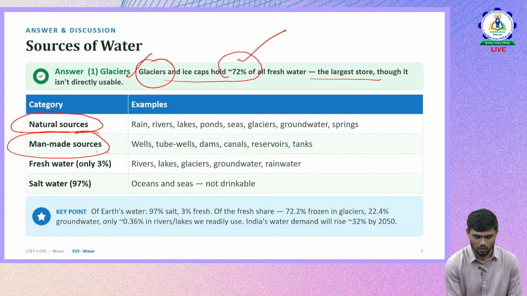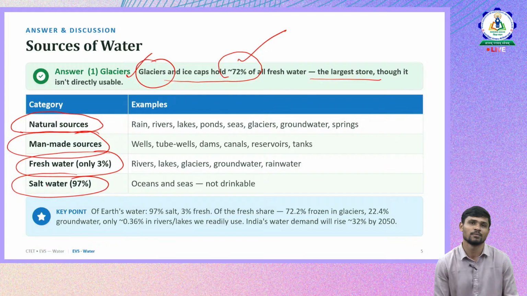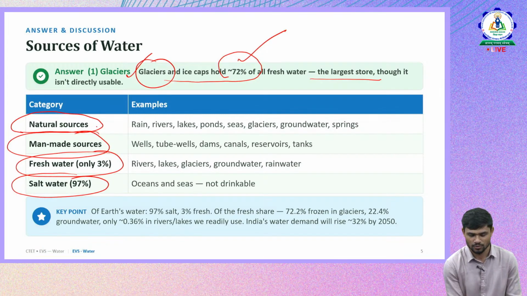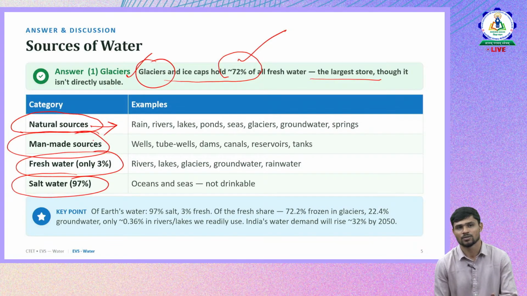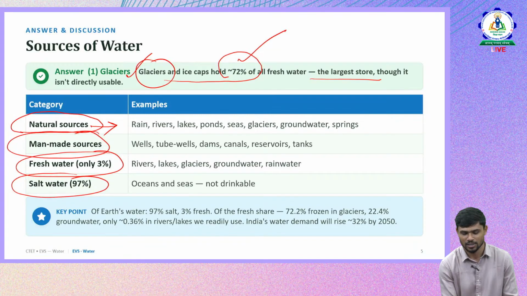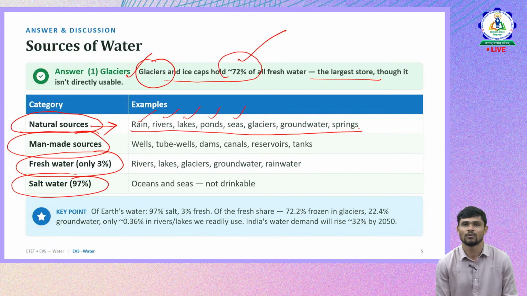The natural sources of water are rain, rivers, lakes, ponds and seas. All these are sources from which we get water for all our uses. So these are the natural resources.